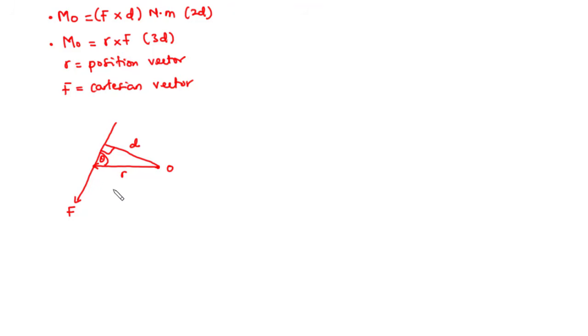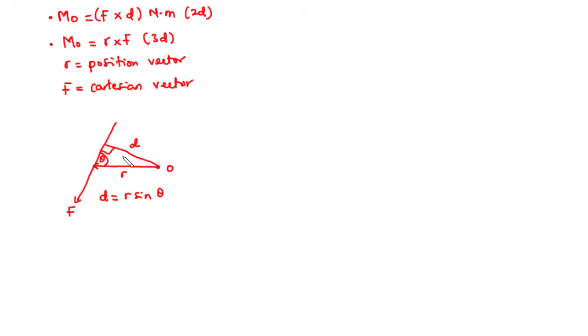Now in that case, then we have the perpendicular distance D to be equal to, since this angle is facing this side, then we say that D is equal to R times sine of the angle theta.